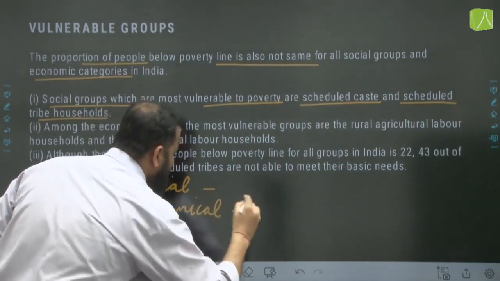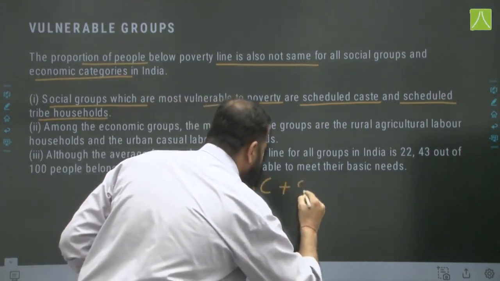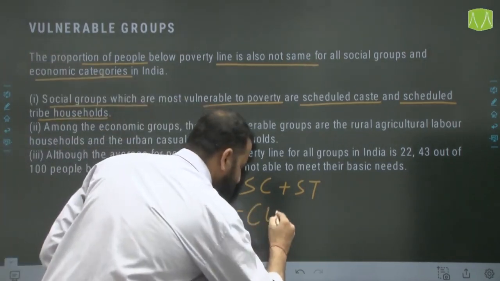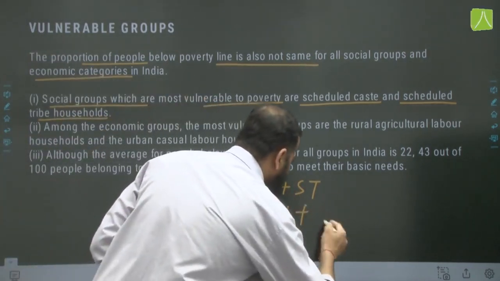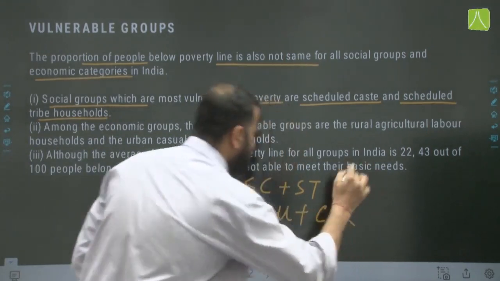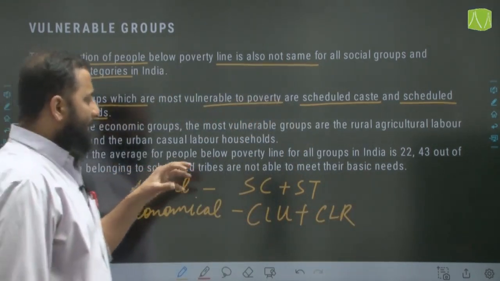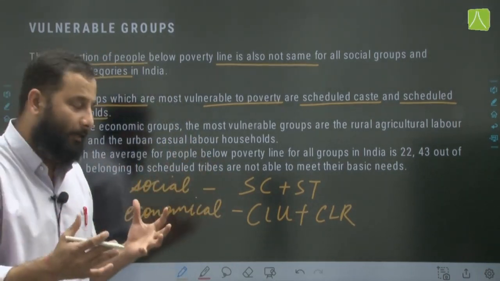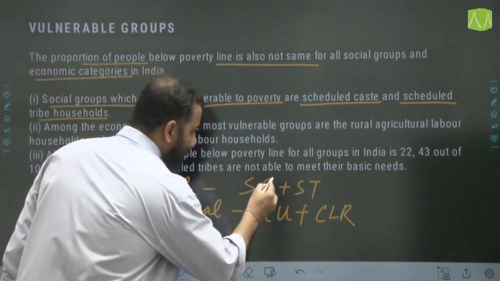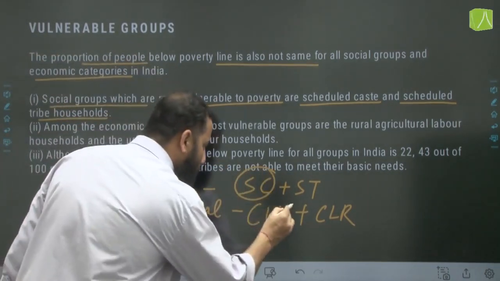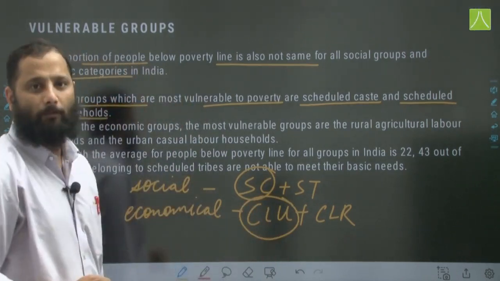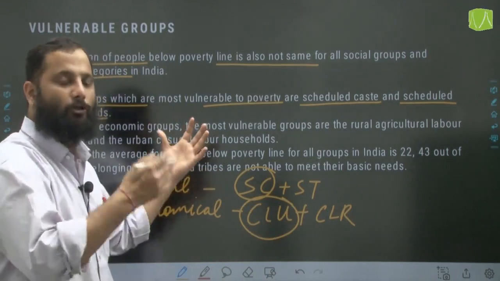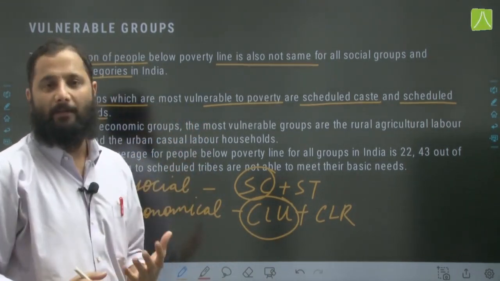All right. Now on the basis of social we get SCs and STs, okay. Now on the basis of economical, you will see one is casual labor in urban areas, plus daily wage labor or casual labor in rural areas, okay. Now the most problematic or most dangerous situation is created when a person belongs to the SC category and also belongs to this economically vulnerable group. So it becomes a double disadvantage. That is, he or she has to face two kinds of disadvantages.